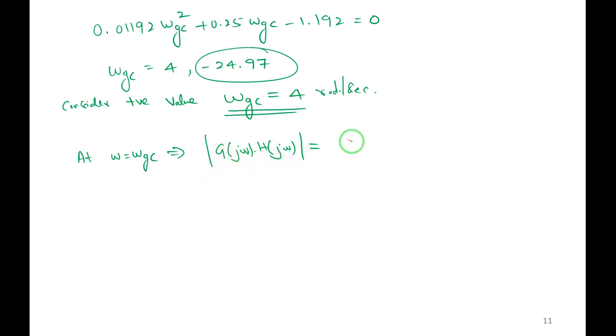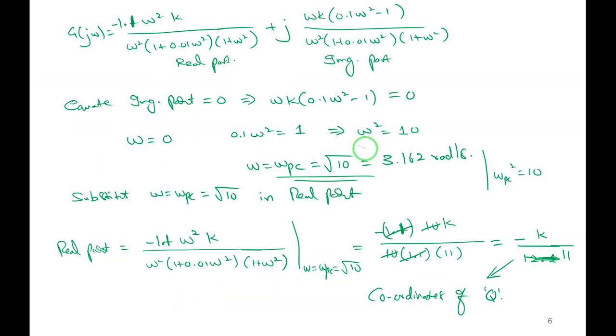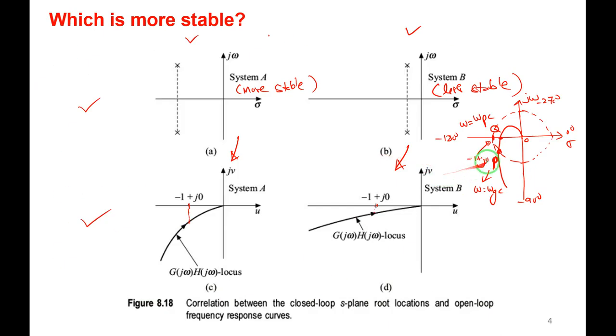You can observe here, at omega equal to omega gc. Observe this diagram. At omega equal to omega gc, it will come here, right? So what is the magnitude here? Look at it, this is the unit circle, right?